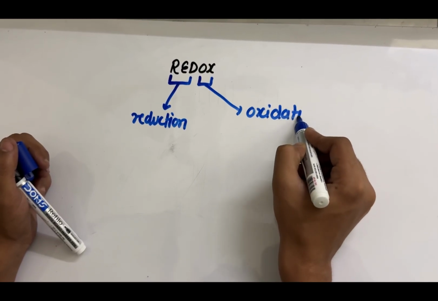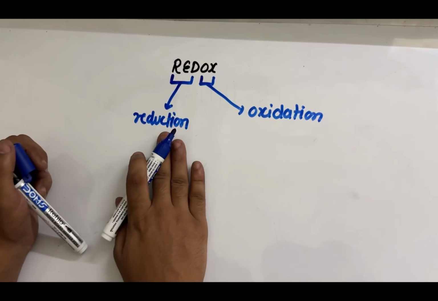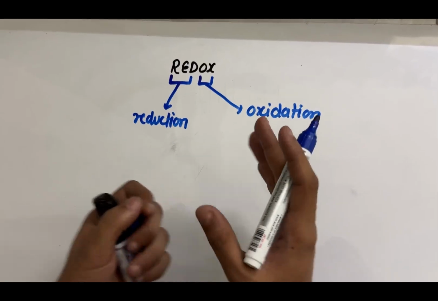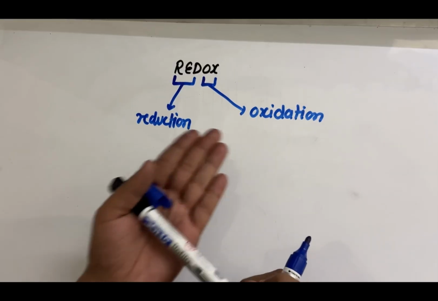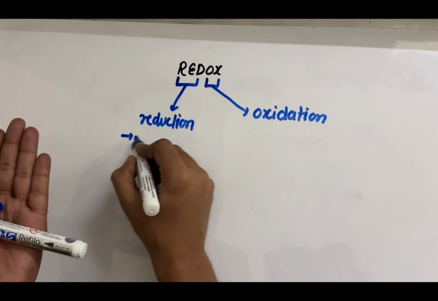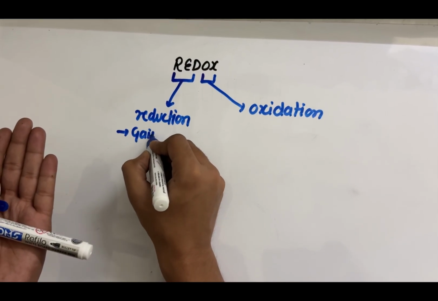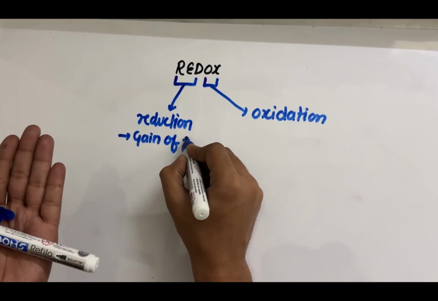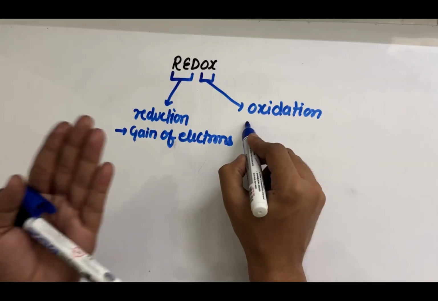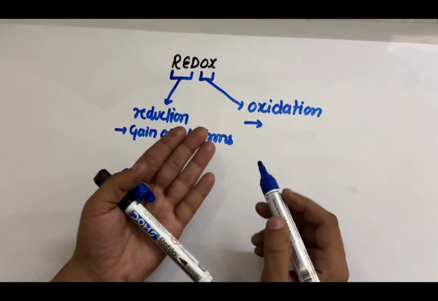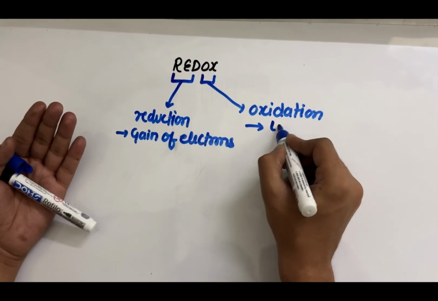Now, don't worry about what is reduction, what is oxidation. The bookish definition of these two things is: reduction is gain of electrons, and oxidation is loss of electrons.